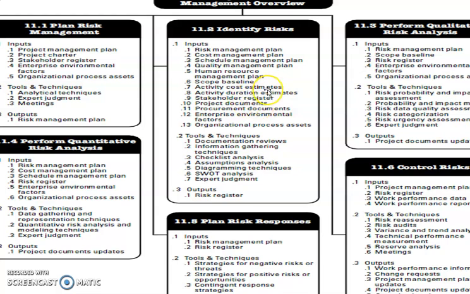Activity cost estimates, activity duration estimates, stakeholder register, project documents, procurement documents, purchases. There is also a lot of risk if you are not able to deal with it. Enterprise environmental factors, organizational process assets. That's all.